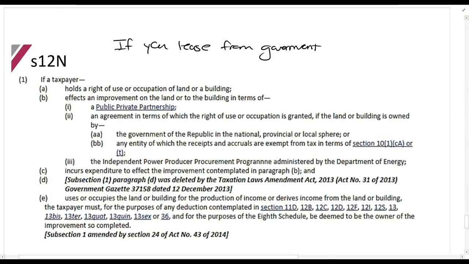So this is where they tell you, they say, if a taxpayer holds the right to occupy a land or building, and it's in terms of a public-private partnership with the government of the Republic, right? And you incur an expense to improve it, and you use that land in the production of income.